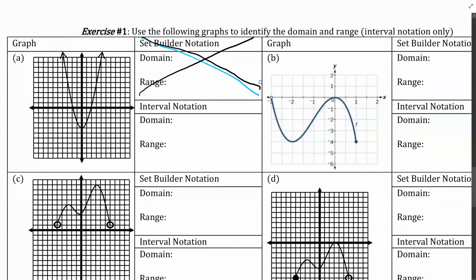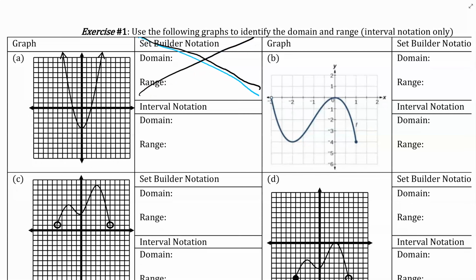So the way I like to do this is for domain, because we are interested in finding the x values, imagine taking your pencil and holding it straight up and down like so. And then starting from the left and making your way right, because we want to go from least to biggest.